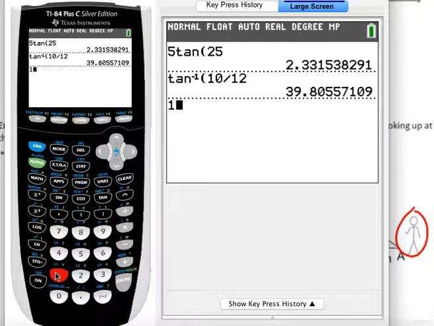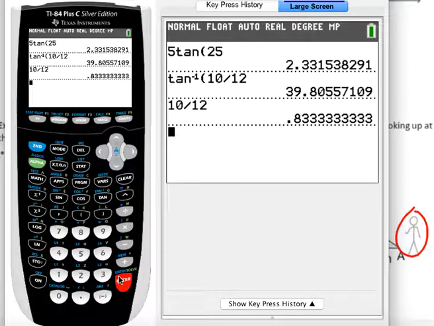I also said we could do it another way. We could divide and do 10 divided by 12. And then we could take the inverse tangent of that. So notice how this is just a decimal here. And I'm going to put that answer in here. So I do a second negative, sometimes it's that answer in there, so I get an exact value instead of having to retype and then having some error in that.